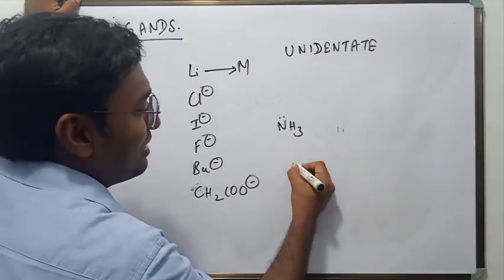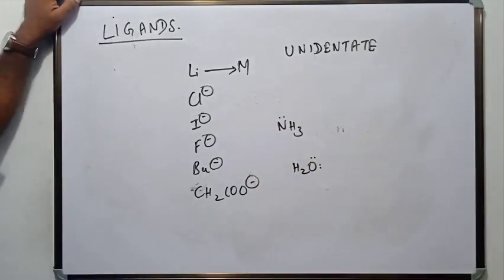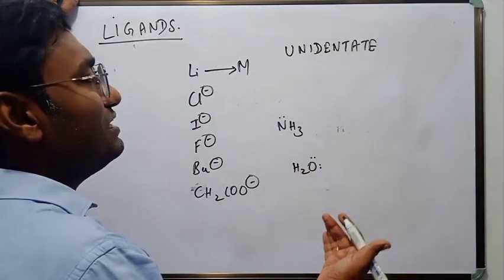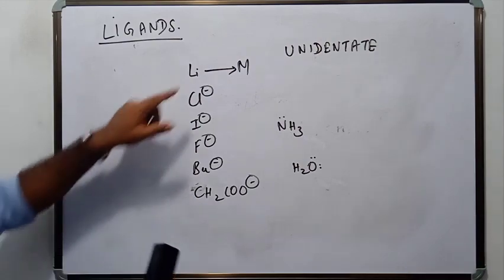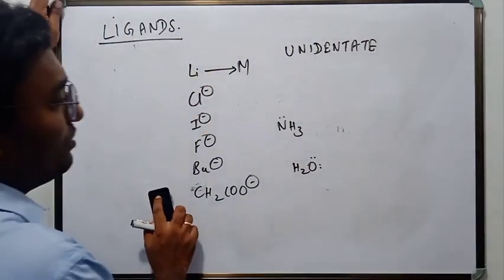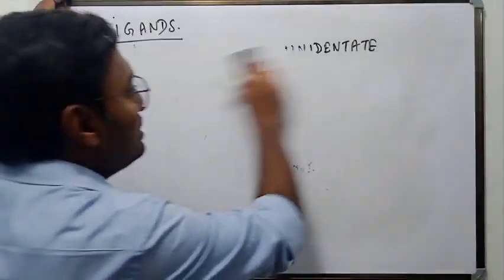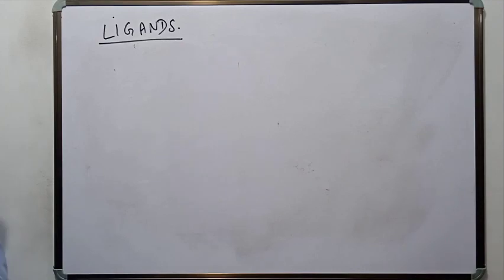What about H2O? So these can only make one linkage with the metal ion, and that is why it is called a unidentate ligand. Now others are called polydentate ligands.